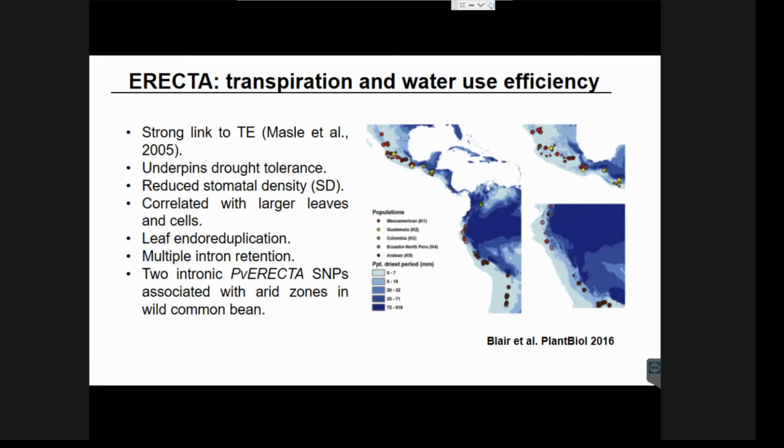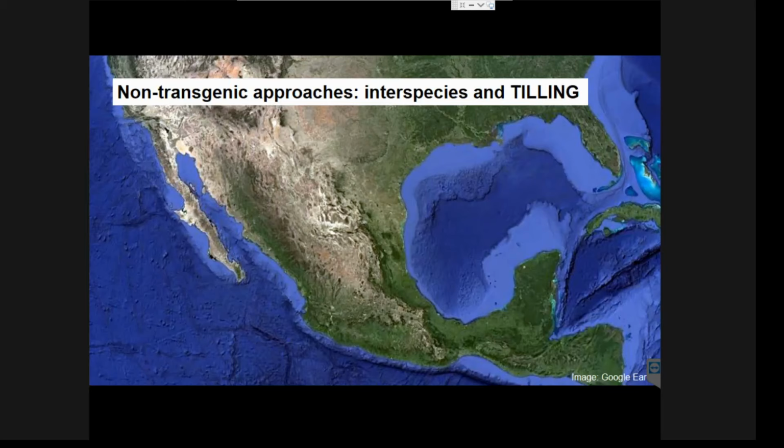So what is the interaction between the EPFs, the ERECTAs, and the non-stomatal development program and the stomatal development program? It's still a bit confusing, I'm sorry. And then we're using non-transgenic approaches to try and tackle this problem of common bean drought responses in Mexico.